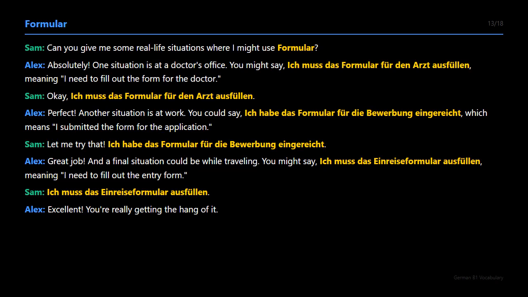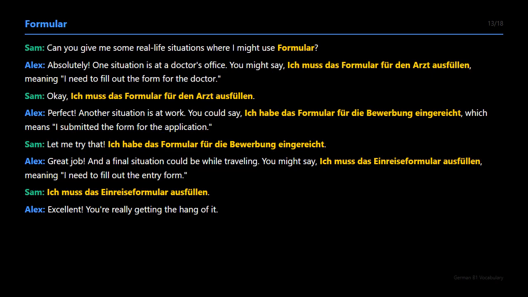Great job. And a final situation could be while traveling. You might say, Ich muss das Einreiseformular ausfüllen, meaning I need to fill out the entry form. Ich muss das Einreiseformular ausfüllen.